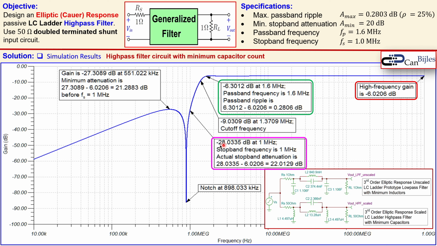Looking at 1 megahertz, you have this gain, and again, looking from baseline, you go down by approximately 22.02 dB, or 22.01 dB, and that is at least 20 dB, so that is also according to specifications. And you also have this cutoff frequency here of approximately 1.37 megahertz. So we can say the specifications are met in this case, and we also see that we have only one notch. That means we have a third order filter.